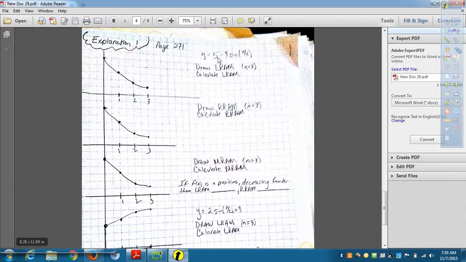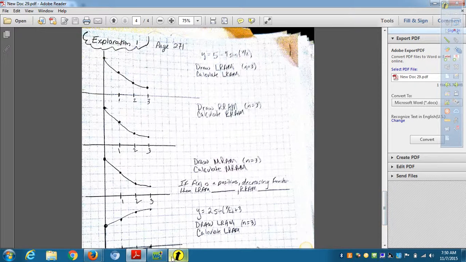Okay, so here is the first function, y equals 5 minus 4 sine x over 2, and 3 subintervals, and I want a left rectangular approximation, a right rectangular approximation, and a midpoint rectangular approximation. And then you will tell me if f of x is a positive decreasing function, then LRAM will be which, an overestimate or an underestimate.